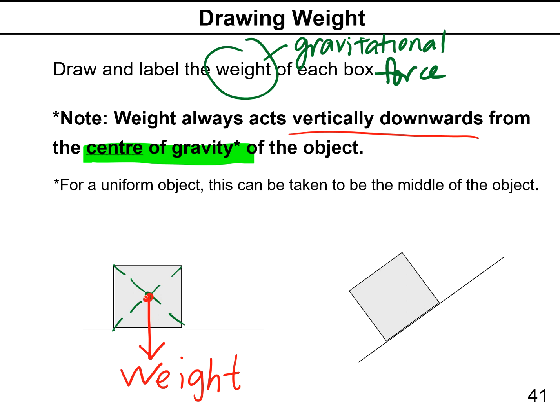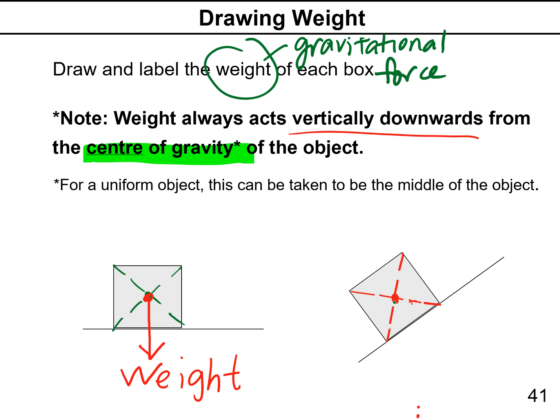So what about if I put this object on a slope? Well, in this case, no difference. I will still want to know where the middle of this object is. And the middle is here. So the rule doesn't change just because you put your object on a slope.